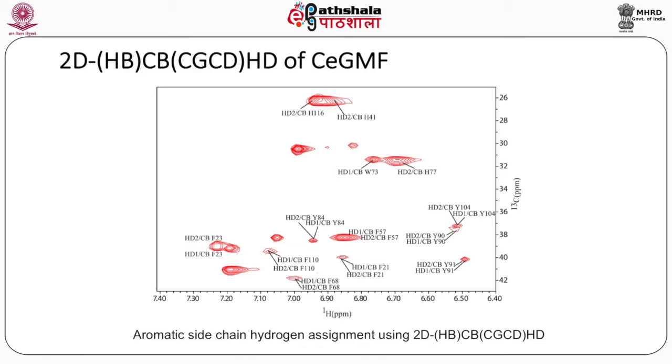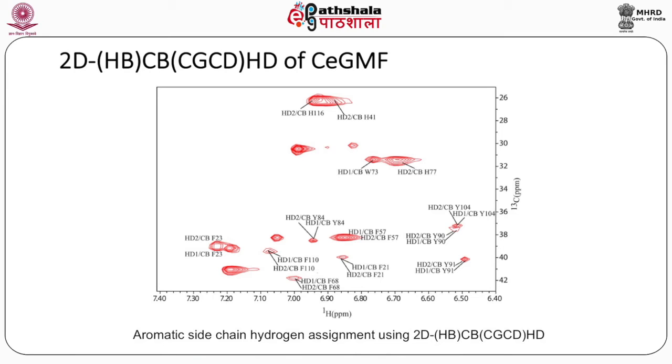The path of magnetization transfer for the 2D CBHD experiment is from H beta, the signal goes to C beta, then to C gamma, then to C delta, and then from C delta to H delta. The chemical shifts are labeled for C beta and for H delta. That is why it is called a CBHD experiment.